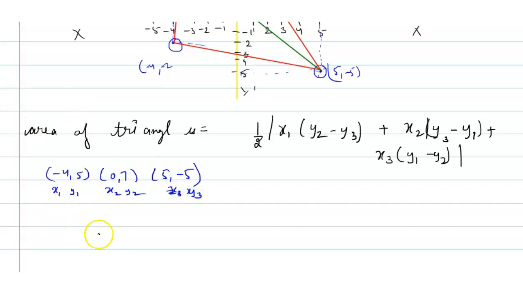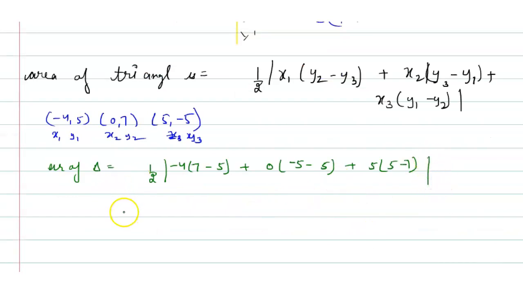Now put the values. So the area of the triangle equals half into x1 is -4, y2 is 7, minus (-5), plus x2 is 0, y3 is -5 minus 5, plus x3 is 5 and y1 is 5 minus y2 is 7.